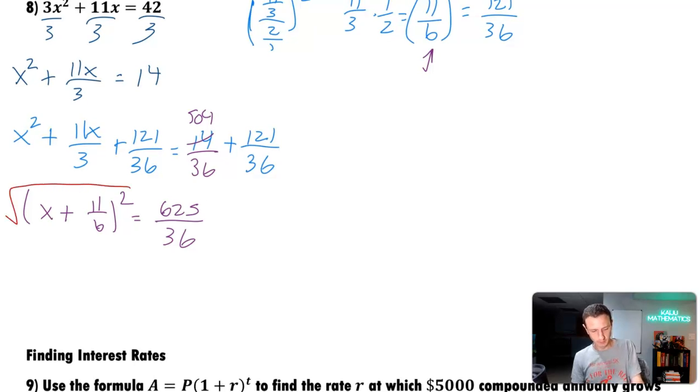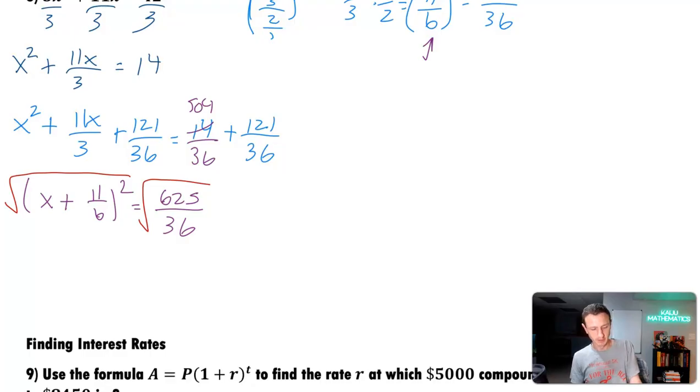Take the square root. And look what happens. So again, this looks really scary with these fractions, but look. This is x plus 11 over 6 equals plus minus square root of 625, which is 25.